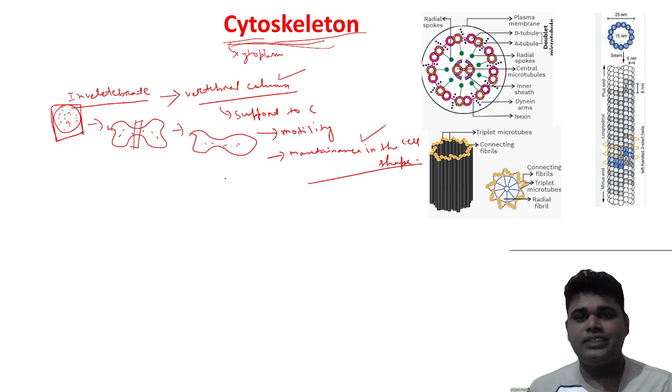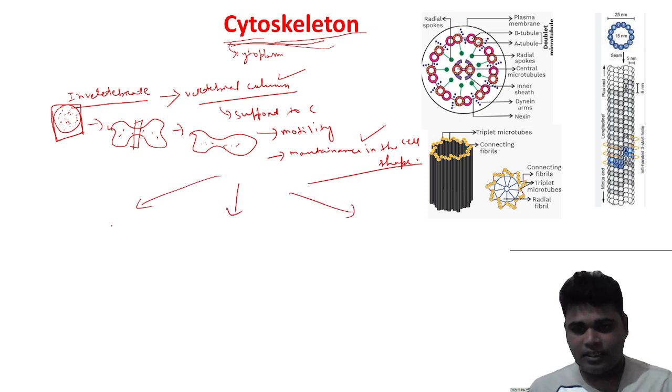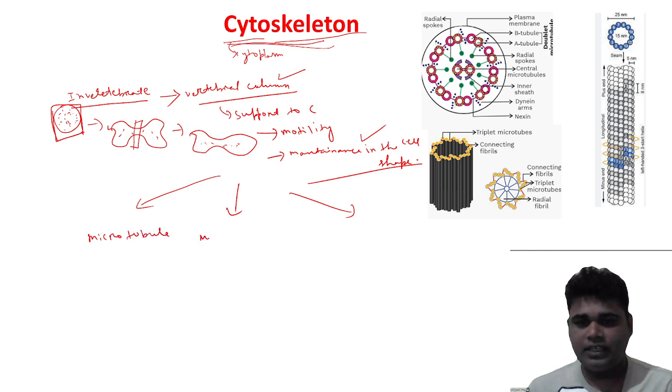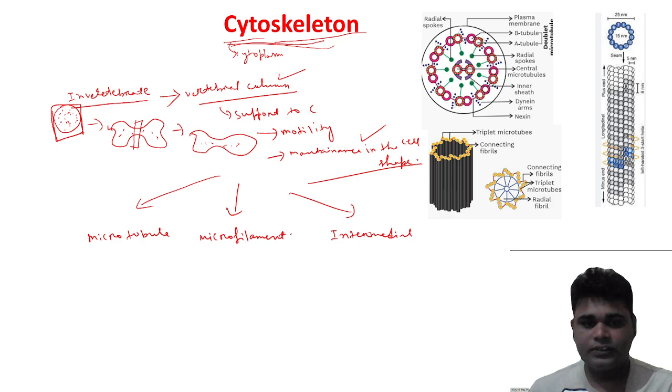There are three types of the cytoskeleton. One is called the microtubule. The second one is called the microfilament, and the third one is called the intermediate filament.